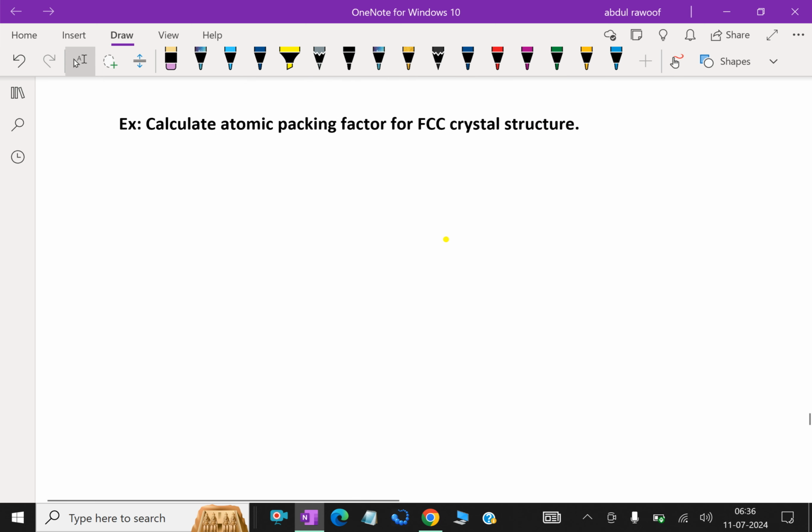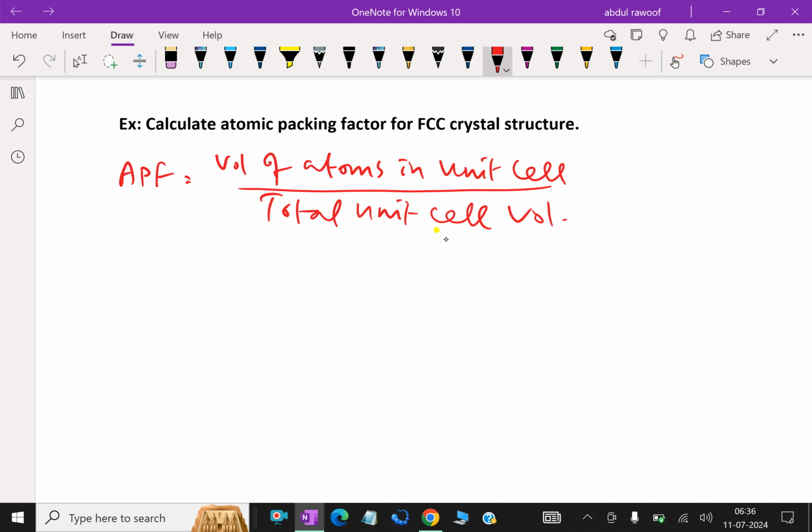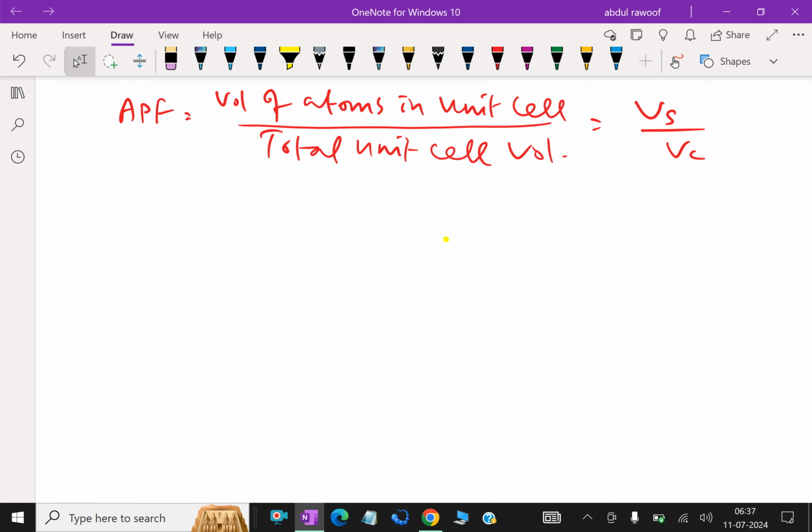Atomic packing factor, APF, is equal to the volume of atoms in the unit cell over the total unit cell volume, that is Vs over Vc. Both the total atom and unit cell volumes may be calculated in terms of the atomic radius r.